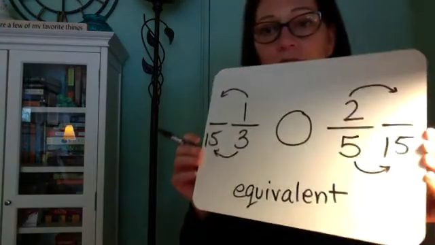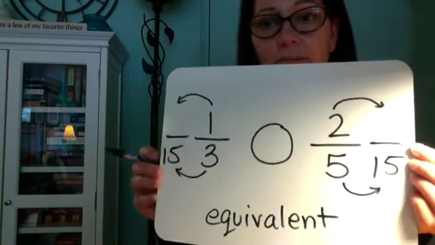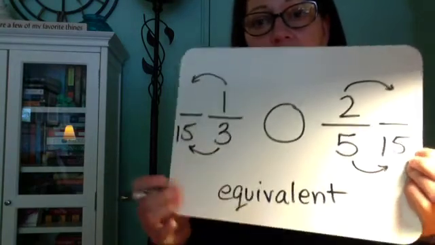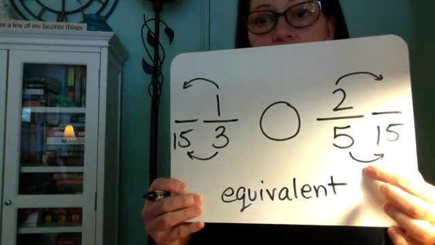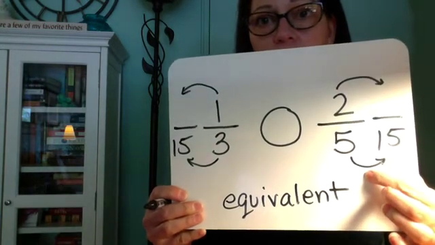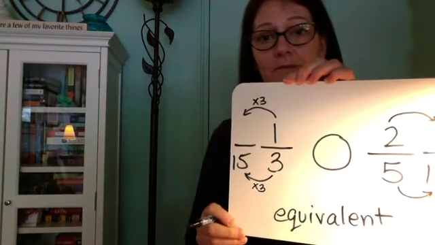Okay, this looks a little confusing, but I'm just trying to show you what I'm thinking. Alrighty, so how do I get from 5 to 15? I multiply by what? Right, 3. So you're going to multiply the numerator by 3 also, right? Like that. So 1 times 3 is 3.